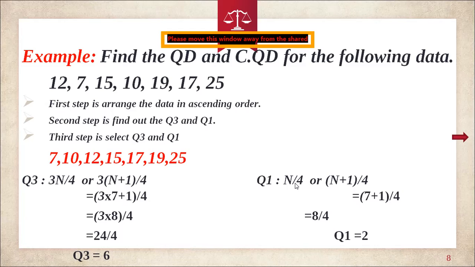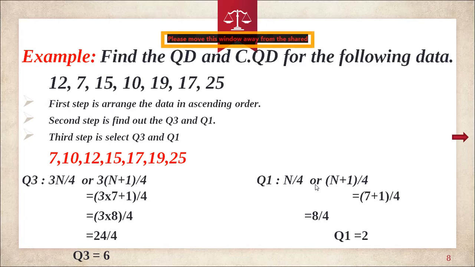For example, if there is a 10 centimeter table and we want to know the quarter of the table, 10 centimeters divided by 4, 10 by 4, you get 2.5. 2.5 is one quarter, that is called quarter 1.